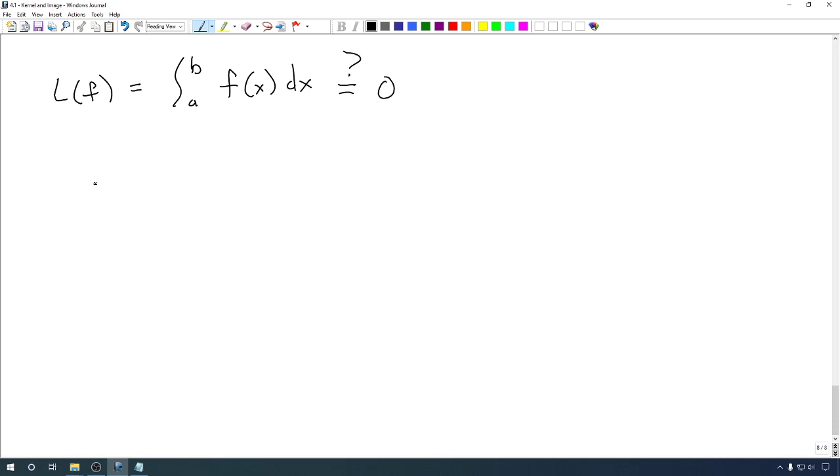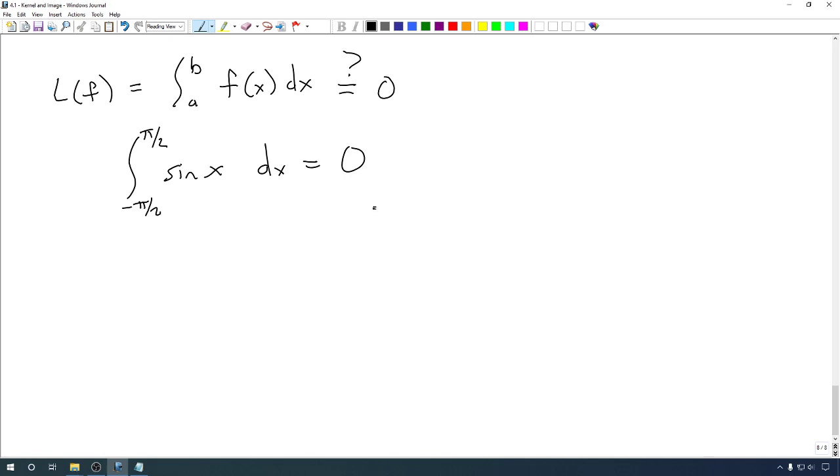If we're looking at something like f of x being the sine function, and maybe we're going from negative pi over 2 to pi over 2, maybe that's our a and b, then we know this is actually equal to 0. We can actually work out what this is.